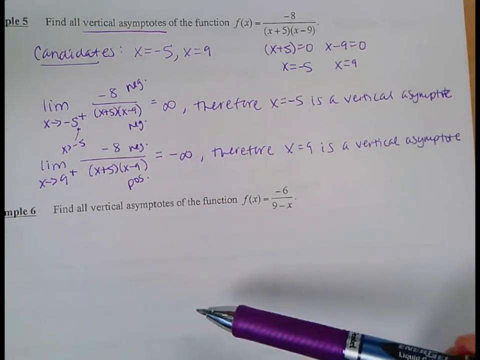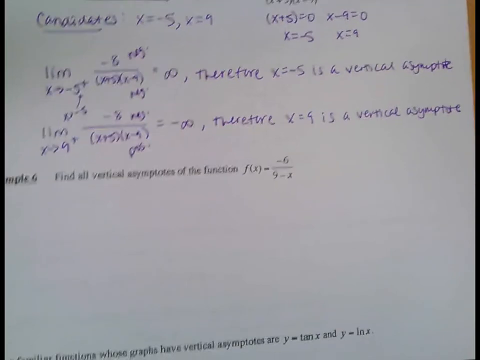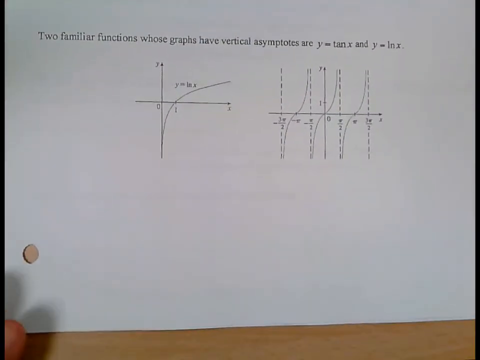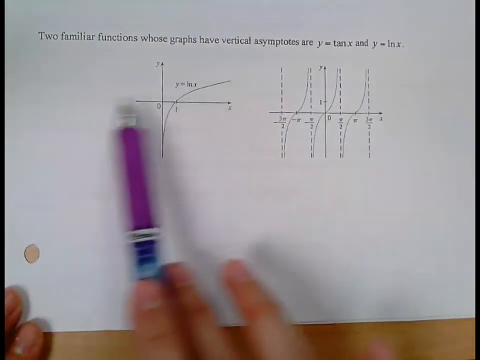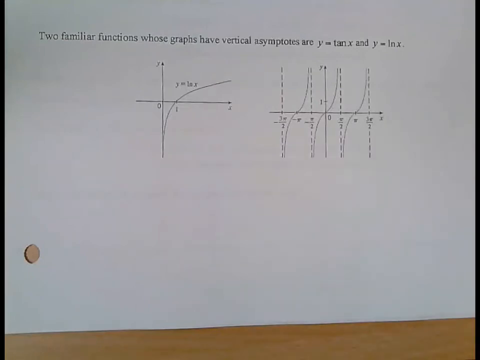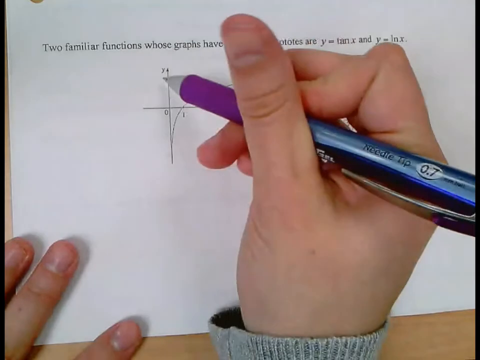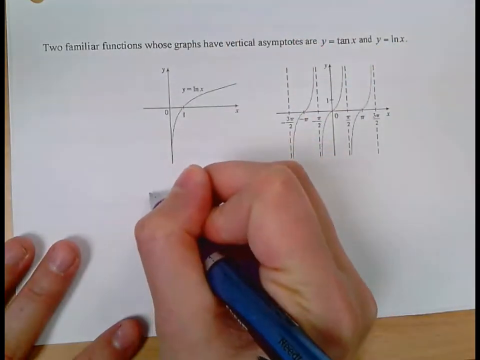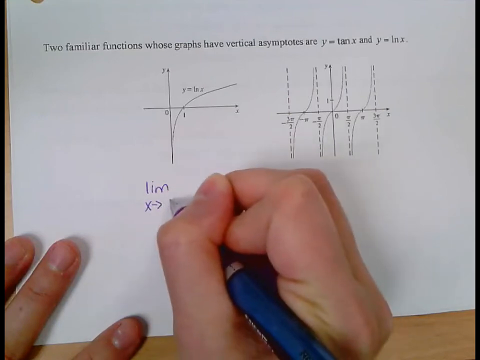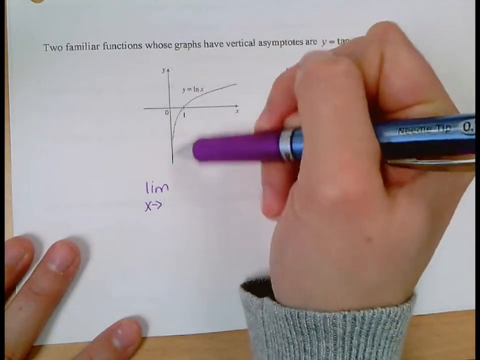Example 6 is the same type of example. And then all I included at the bottom, this isn't an example, but these are just two familiar functions that have vertical asymptotes. So we could write limits to show their vertical asymptotes. For example, I know 0 is a vertical asymptote.